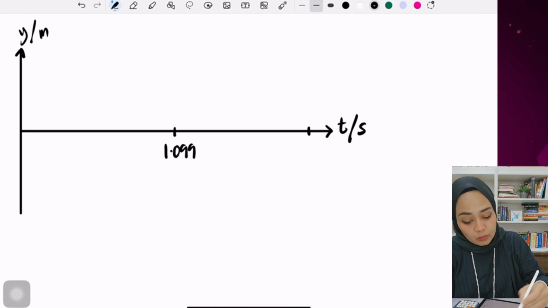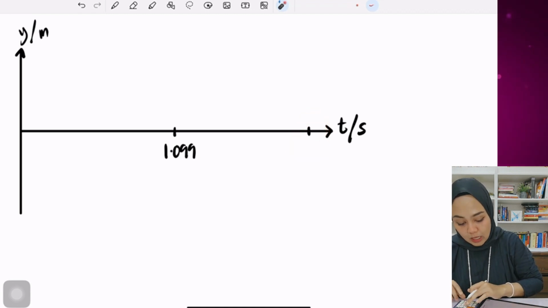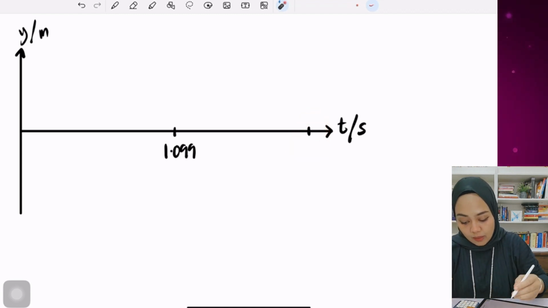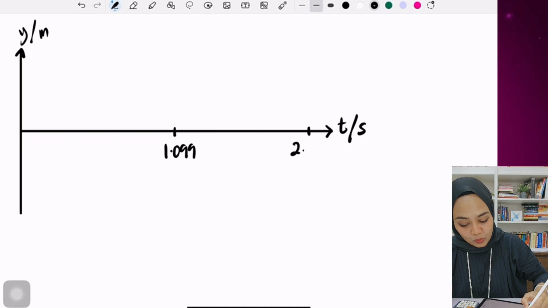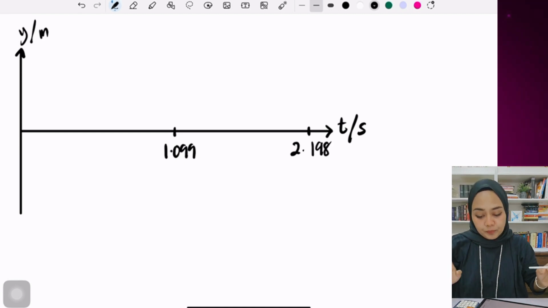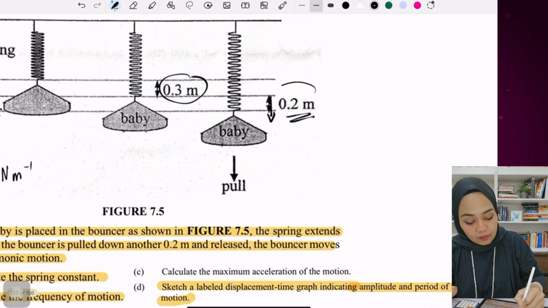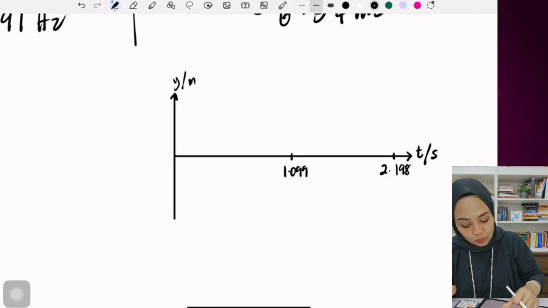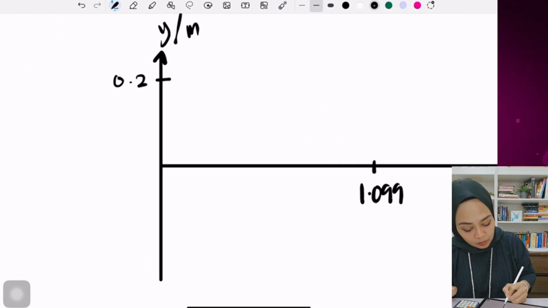And because we want to do 2 cycles, this value also has to be given, and that would be 2.198. Okay, for the amplitude we already got it above. For this one 0.2, I'm going to put in 0.2, and at the bottom over here is negative 0.2.